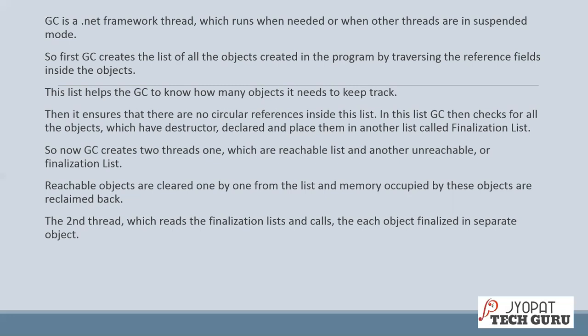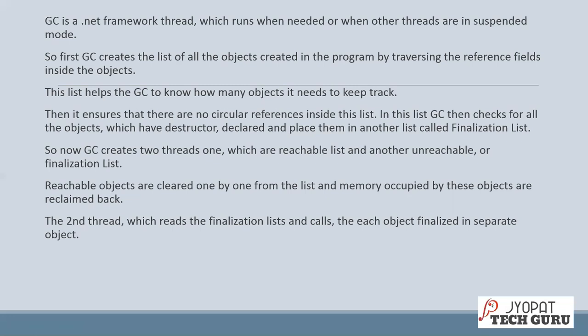This list helps the garbage collector know how many objects it needs to keep track of. Then it ensures that there are no circular references inside this list. In this list, the garbage collector then checks for all the objects which have destructors declared and places them in another list called the finalization list.